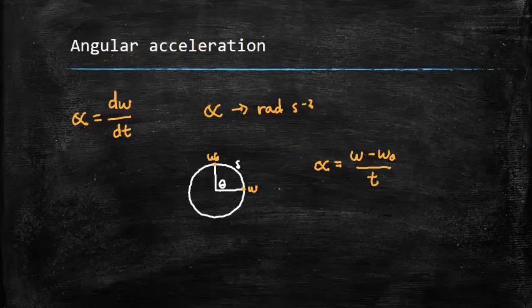This relates back to the initial equation on this slide, but looks at it in a slightly simpler way, and one that relates very nicely to an equation that we're very familiar with, which is a equals v minus u over t.